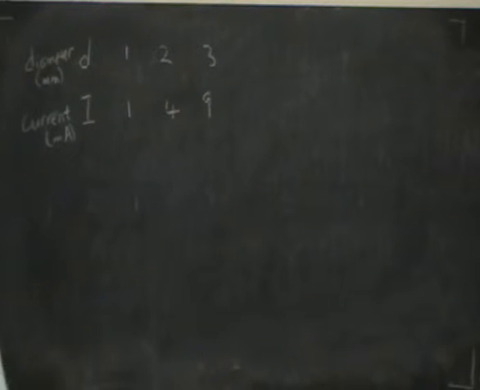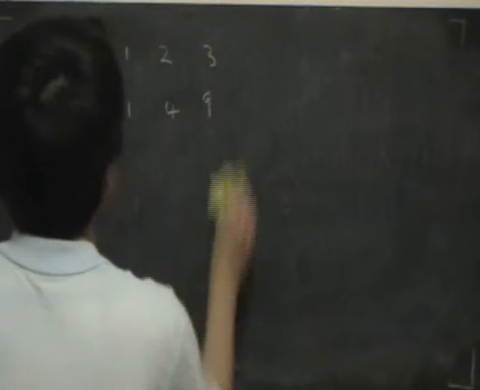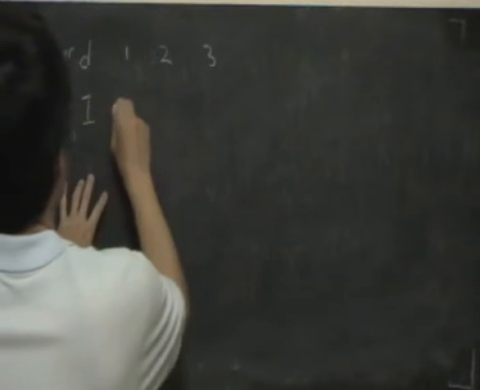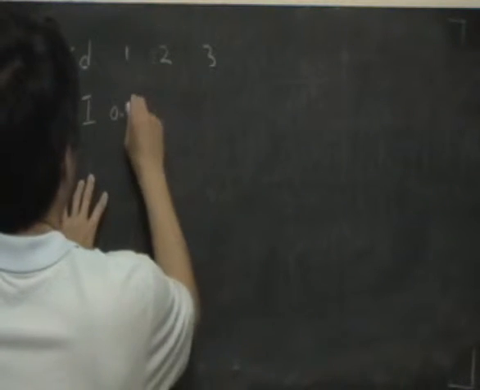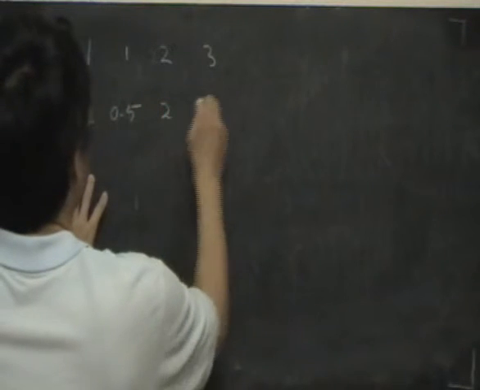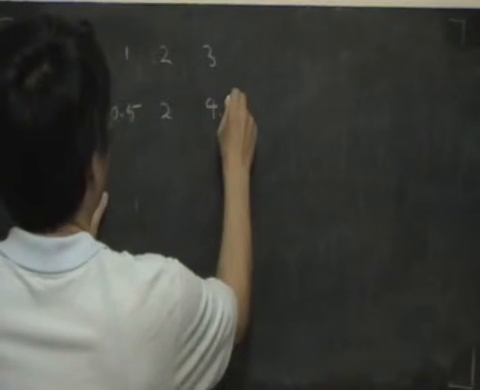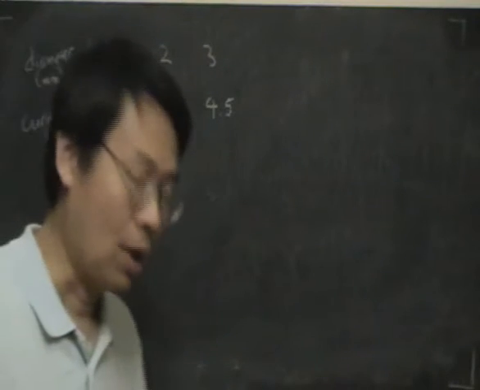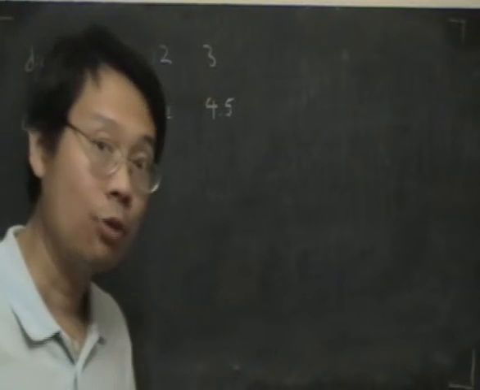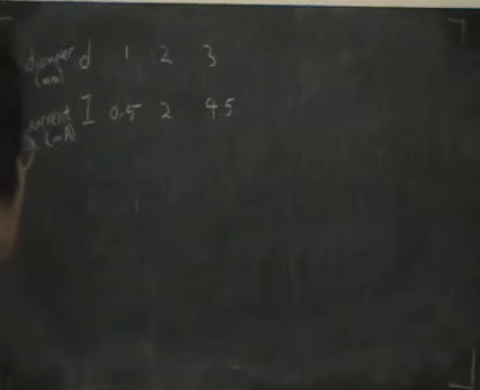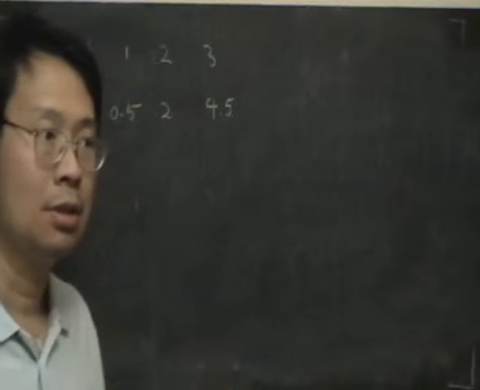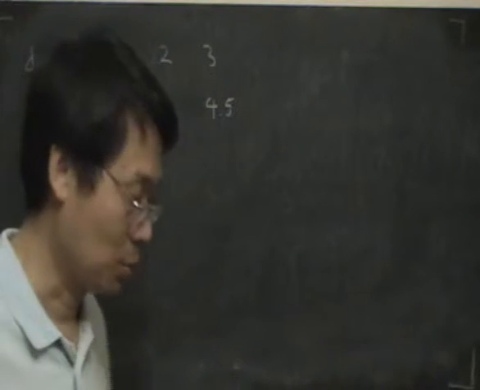Now let me change that a little bit. Suppose that the numbers are 0, 0.5, 2 and 4.5. Okay, now I want to find a formula for this. Now just by looking at it, it is actually not clear what to do.